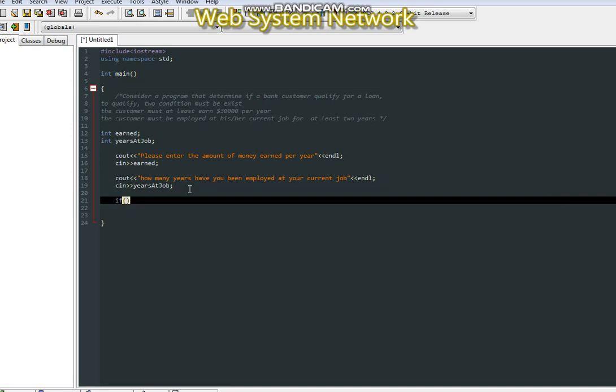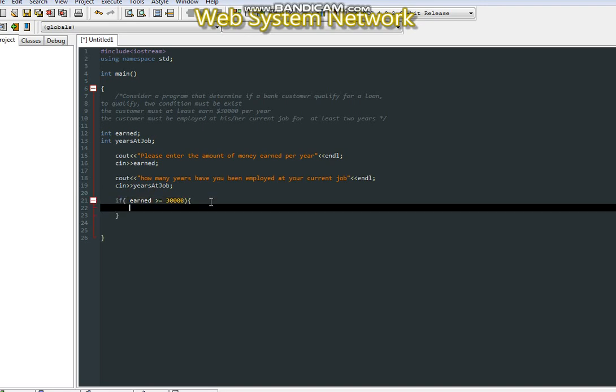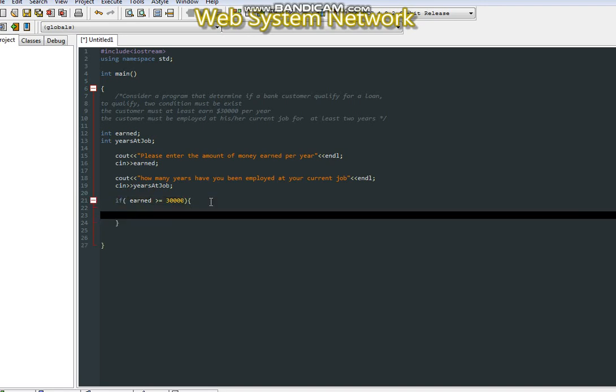If income is greater or equal to 30,000, what must we do? We want to ask the person to enter how many years.